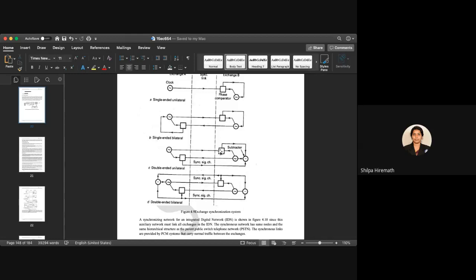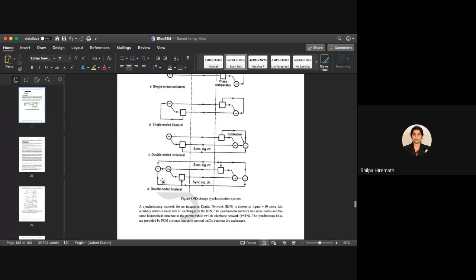Instead of directly giving the output of a phase comparator to a clock, we are including a subtractor which will get the input from each of the phase comparators from both the exchanges. And based upon the output of the subtractor, the clock is maintained. In case of double-ended bilateral, yes, the only difference is that both the exchanges will have a subtractor.